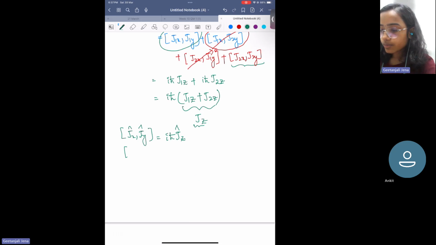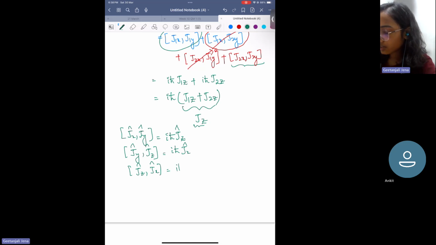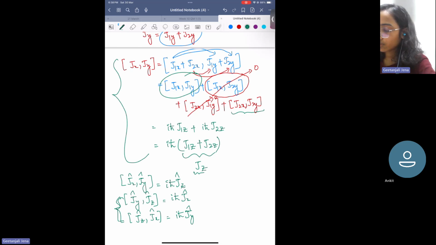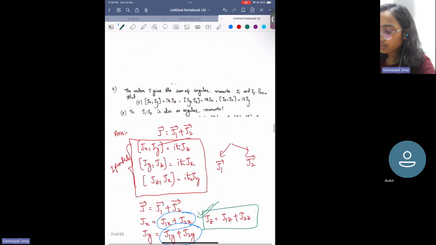By following the same process, you can easily get the commutation relation for Jy and Jz, which is iħ Jx, and for Jz and Jx, you will get iħ Jy. I am leaving these two to you to solve, because you can easily find them by following the same procedure. Now let us see the second part of this question.